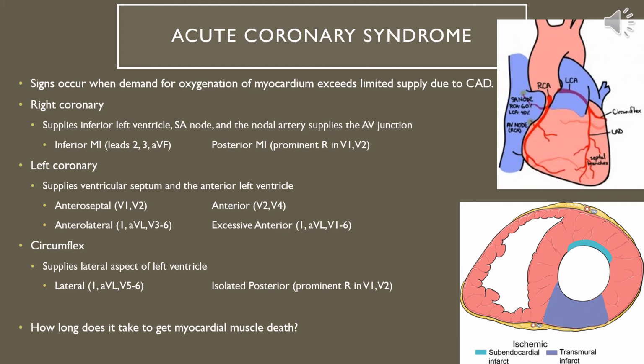So if you see a change on, say, lead 2, that can be a significant finding for right coronary artery. So use all of the different tools in your toolbox to figure out where this change is happening and what we can do to possibly fix or reverse this coronary syndrome.